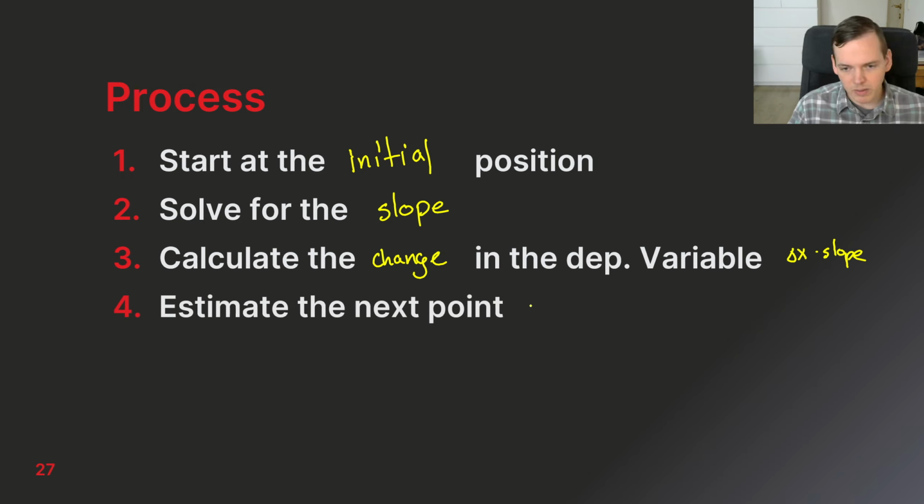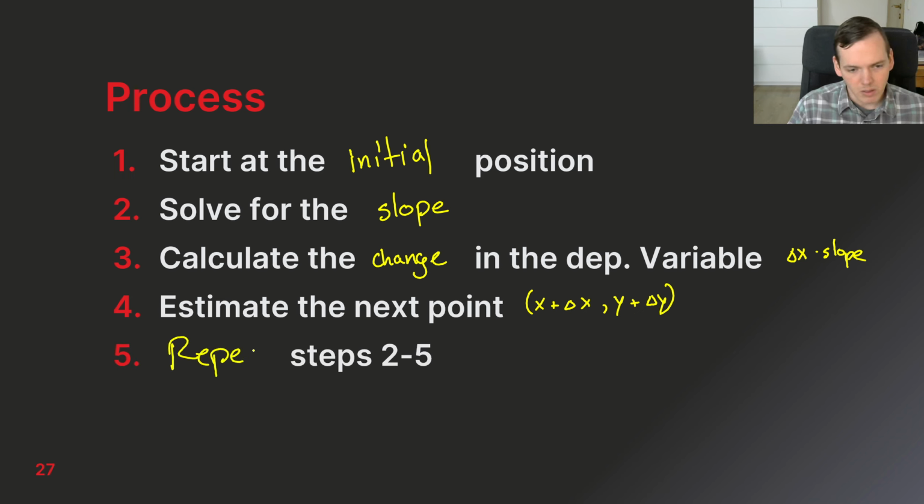Estimate the next point, so that's going to be x plus delta x, comma y plus delta y, and then repeat. Instead of being at the initial position, now you're going to be at x plus delta x, y plus delta y. So solve for the slope, calculate the change in the dependent variable, the y, by doing delta x times slope. Add those to your values and continue.